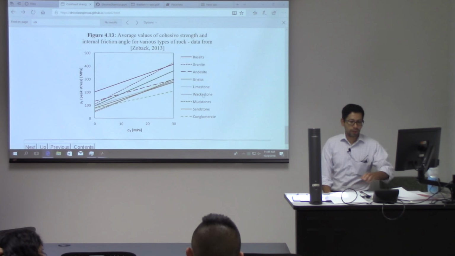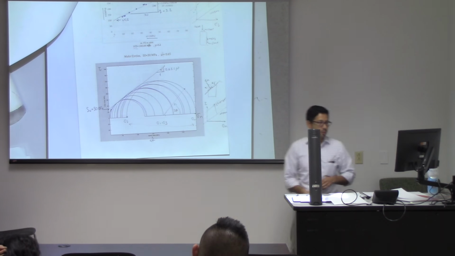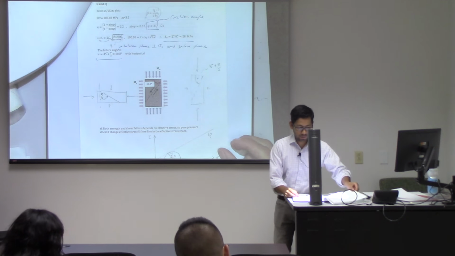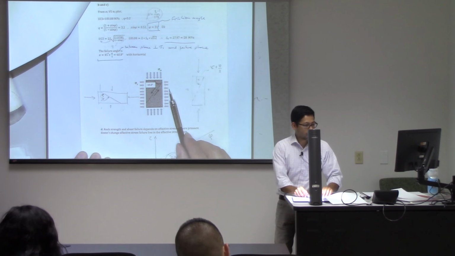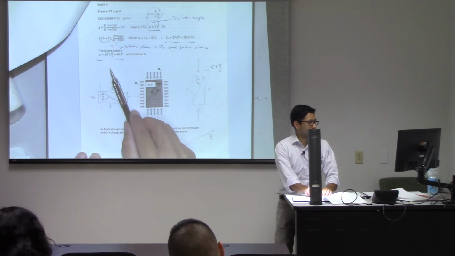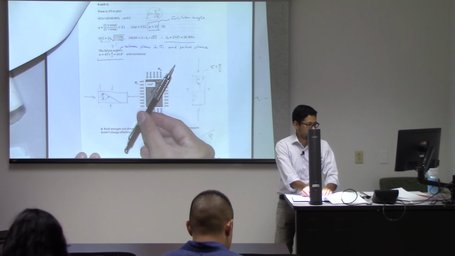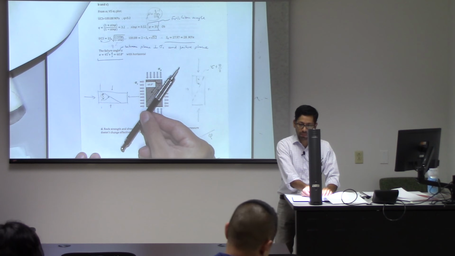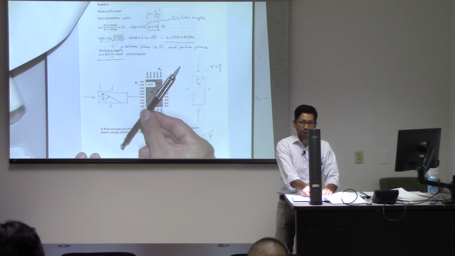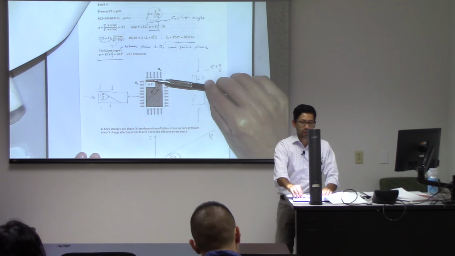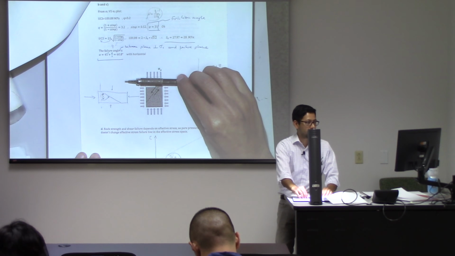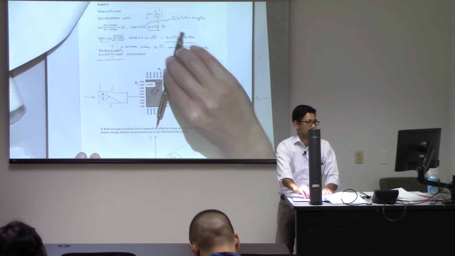All right, so let me come back to the homework. Failure plane is going to be simply 45 degrees plus the friction angle divided by 2. And remember, it is always a steep angle from the plane in which you apply the maximum principal stress, which in this case is a horizontal plane, and that's the angle.